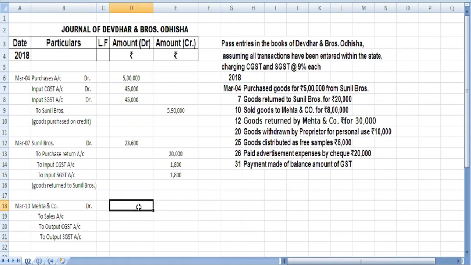Okay, so here the sales is for 8 lakh. 9% of 8 lakh is 72,000, and then here 72,000. The total of all these three will come as 94,000.